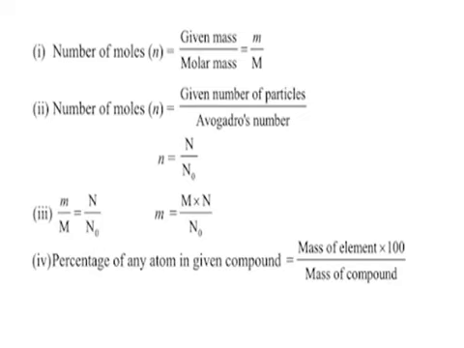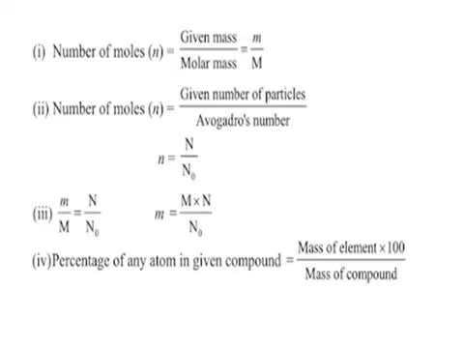From this, small m, the given mass, can be calculated. So the given mass has the formula m equals capital M, the molar mass, multiplied by N, the given number of particles, divided by N0, Avogadro's number. So these three formulas are very, very important, and you simply apply them in solving the problems.